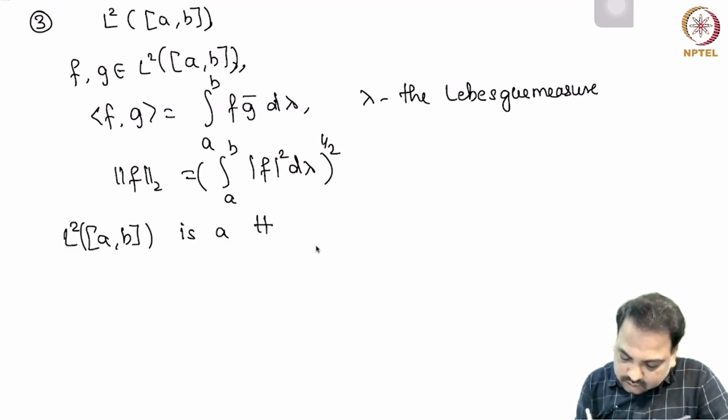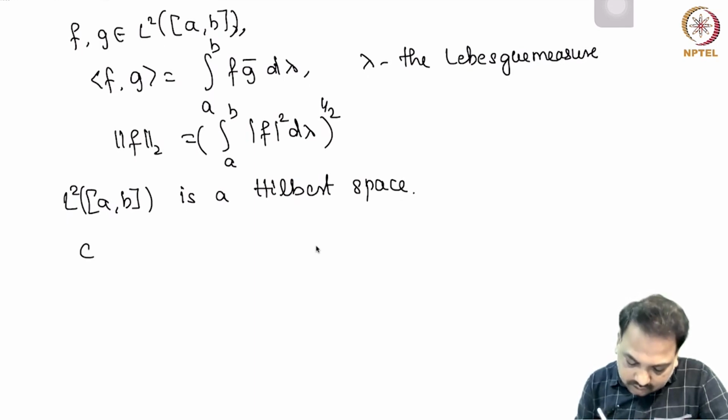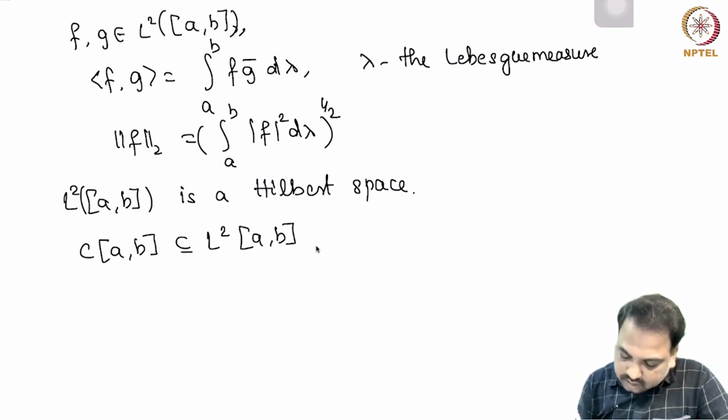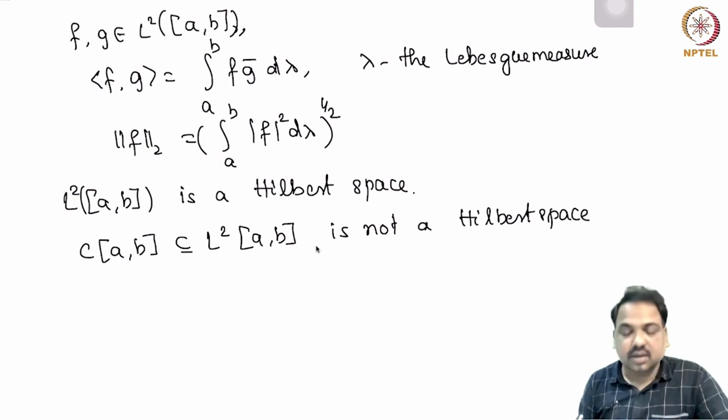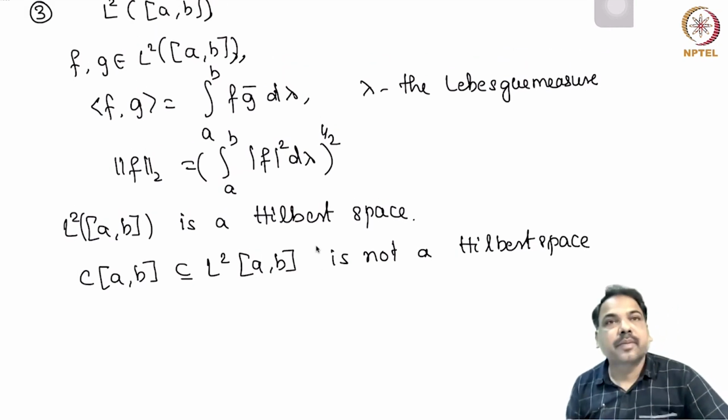We can also show that C[a,b], which is a subspace of L2 of [a,b], is not a Hilbert space. Here again we have to look at the same inner product as in L2 of [a,b].